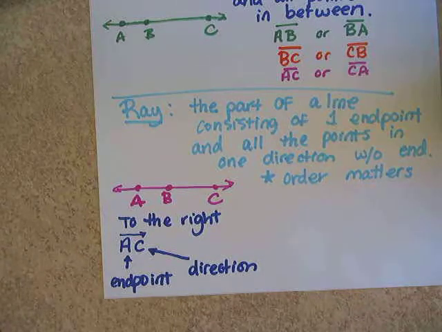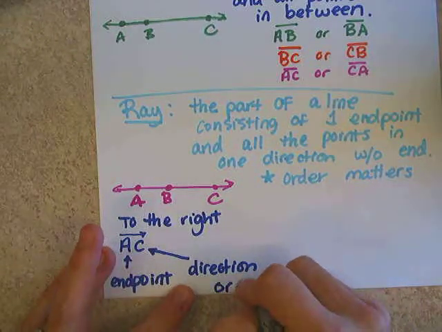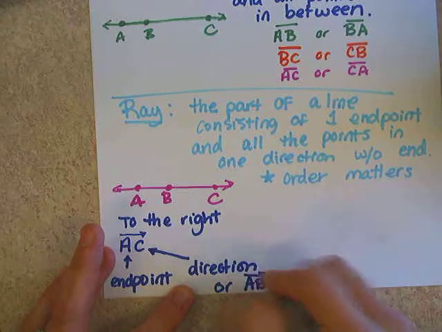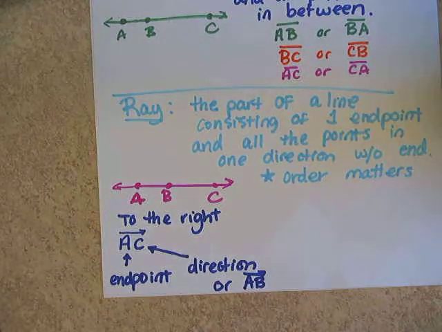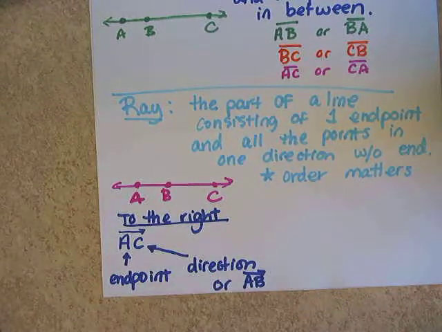It starts here and goes to the right. AB would name the exact same ray because it tells me to start at A and go in that direction, right?